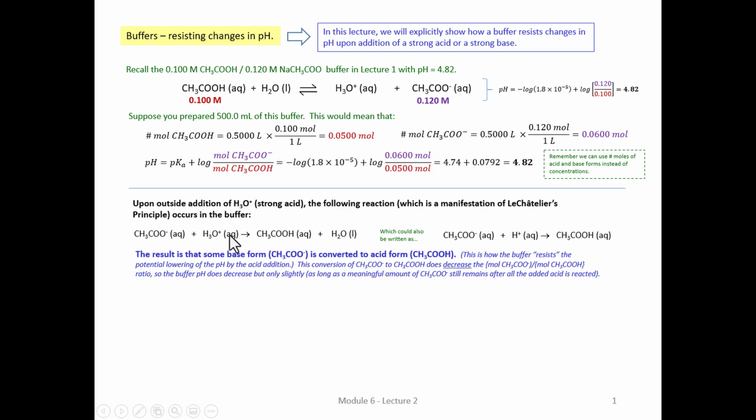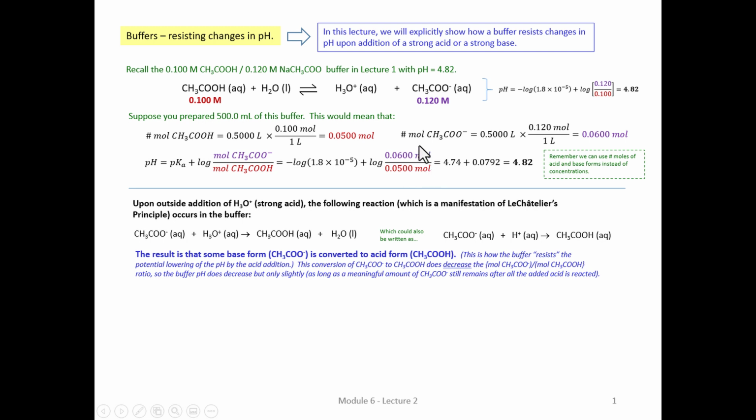So you're capturing the added hydronium ion. Well, what's going on here is that you're slowly turning the base form into the acid form in the buffer. So that will affect the pH, because if you look back up here at the Henderson-Hasselbalch equation, or at this form here, either one, you are reducing the amount of base form and increasing the amount of acid form.